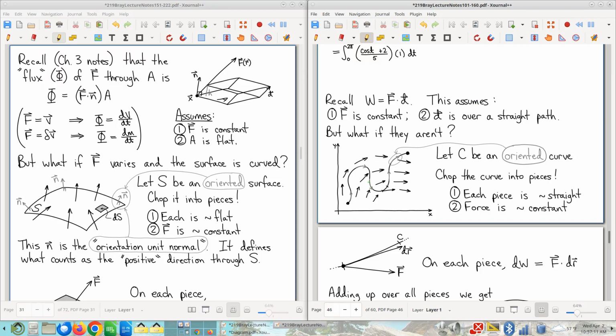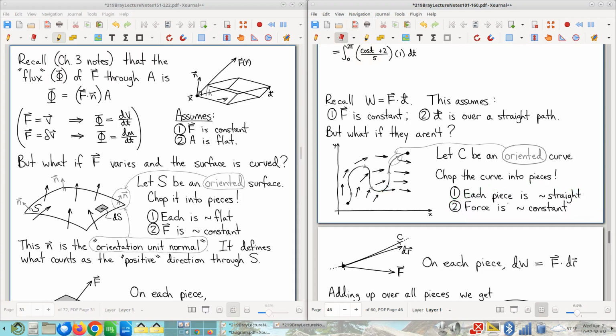Well, what we did is we said we're going to take this whole curve and we're going to chop it up into little pieces, because on each little piece it's approximately straight. And the vector field doesn't have much of an opportunity to change over such a short distance, so the vector field is approximately constant. So the act of chopping up that curve into little pieces gives us our two nice assumptions.